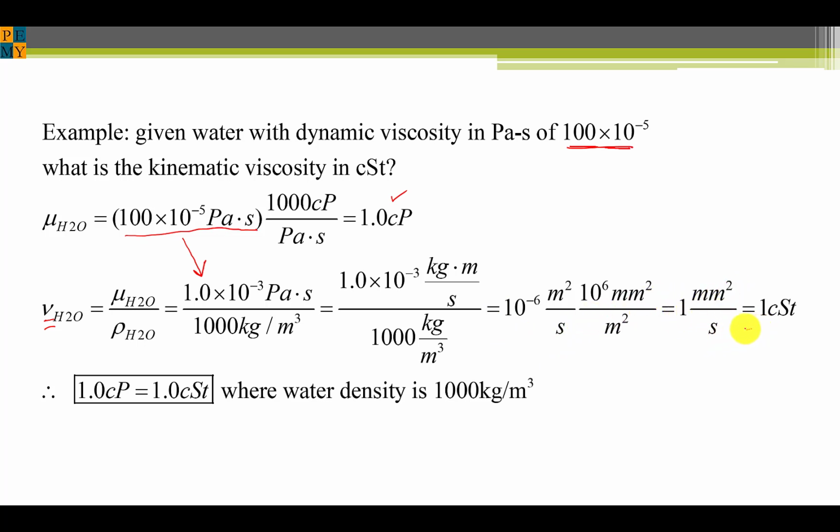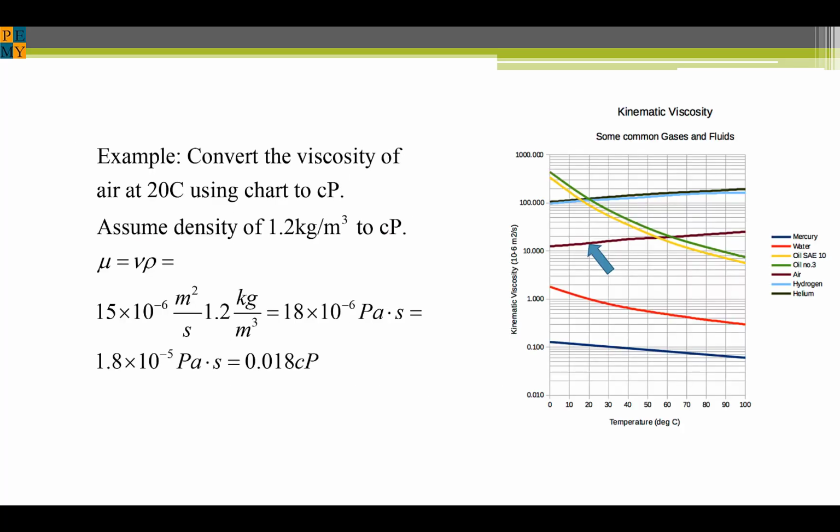Now in a previous slide we learned that 1 millimeter squared per second is the same as 1 centistoke, so that is the answer. It's useful to know that 1 CP is the same as 1 centistoke, and this is only true when the water density is 1,000 kilograms per cubic meter, so you have to watch out when you're working with other temperatures or pressures and so forth.